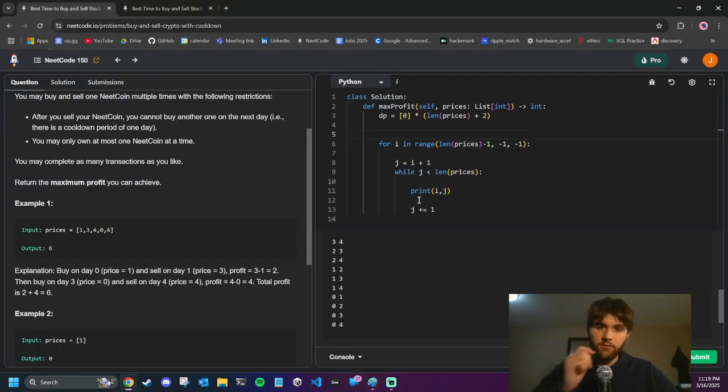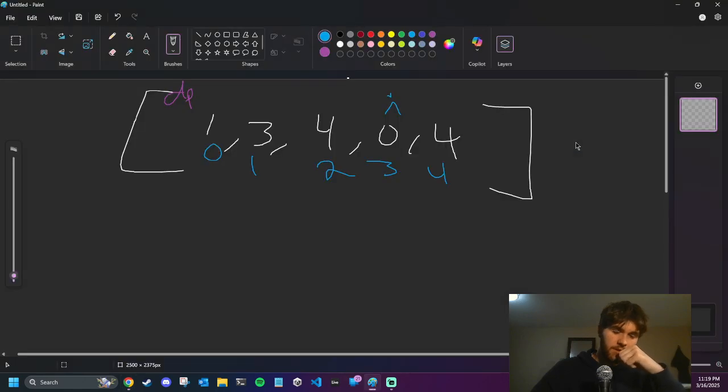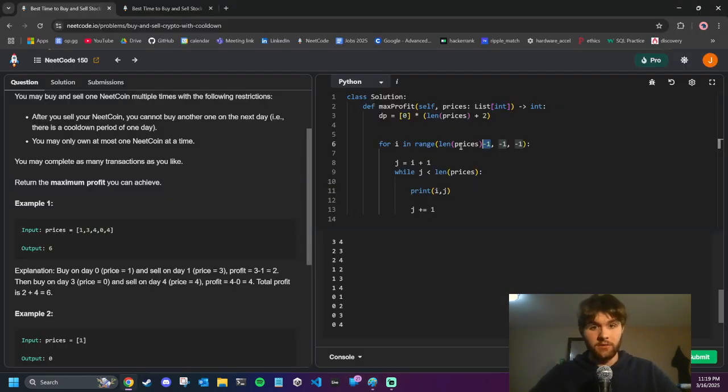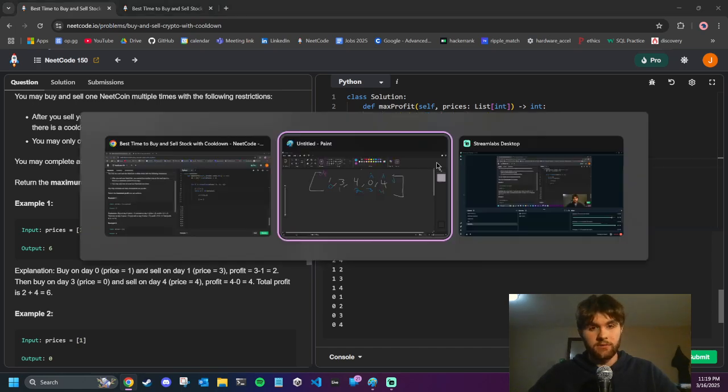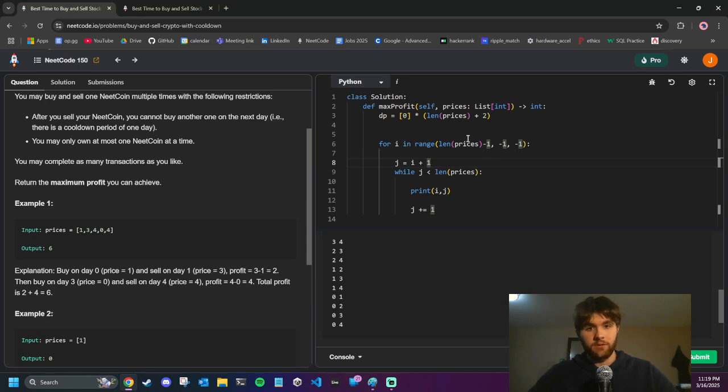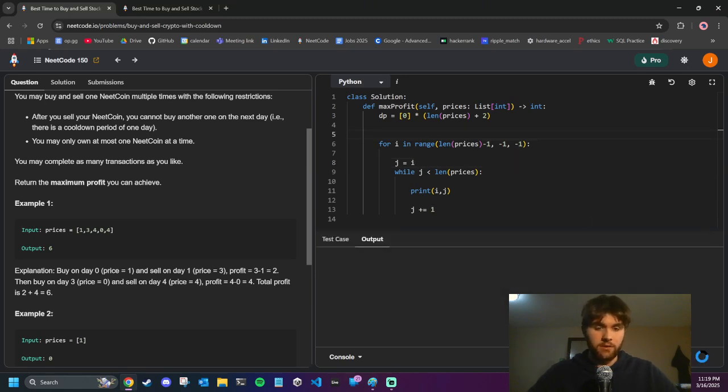Don't we want i to be 4? Why is it not? It's starting at length minus 1. Oh, is it because j starts out of bounds? So it's actually here, but then j gets set to i plus 1. Maybe I could just set it to be equal to i, and that won't mess anything up.